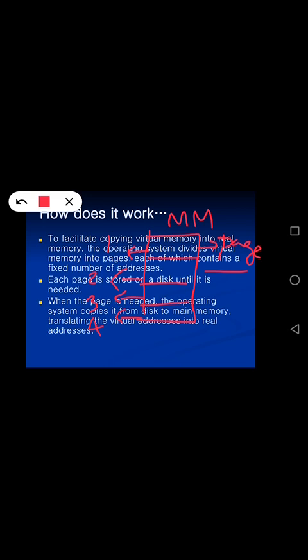Let's assume the size of the main memory is 8 GB, then each page should be 2 GB, because we are dividing 8 GB physical memory into 4 pages. So the size of each page is fixed to 2 GB.